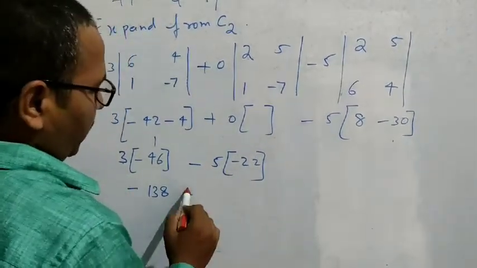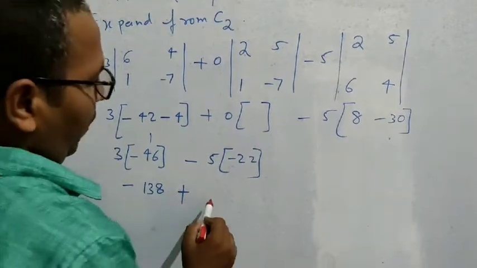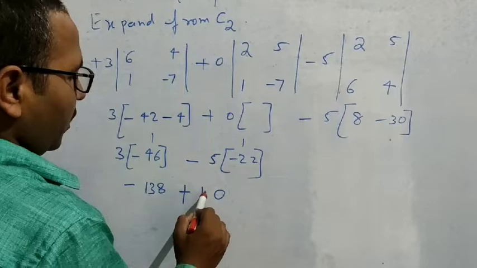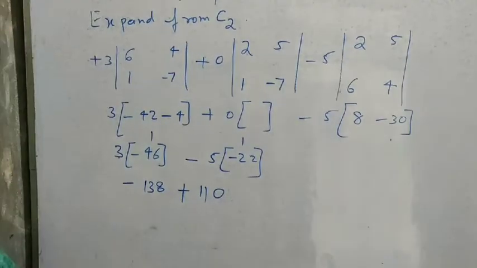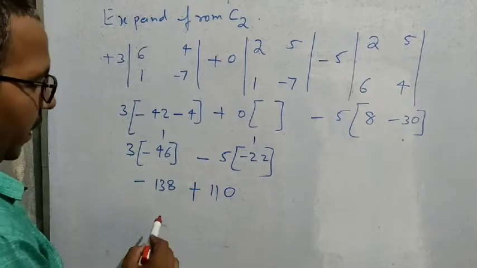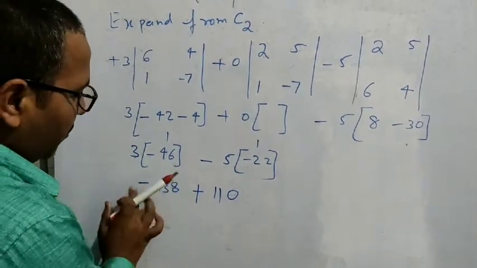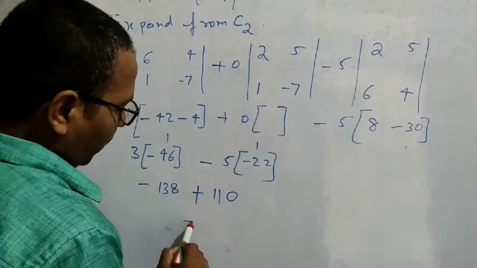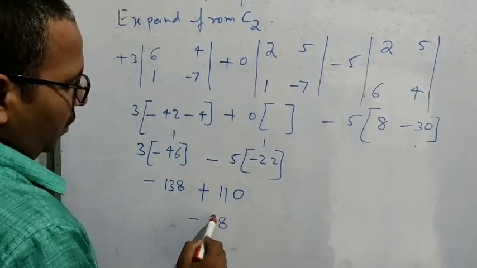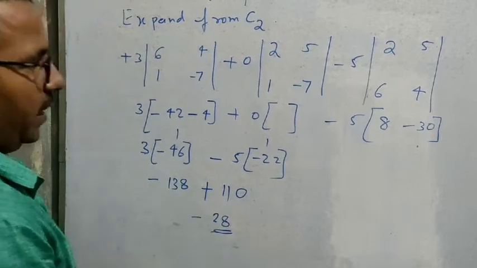Minus into minus becomes plus, and 5 times 22 is 110. So 110 we have got here. Now students, by subtracting, because this is the largest number with negative sign, we get our answer in minus. Solving, you get minus 28.